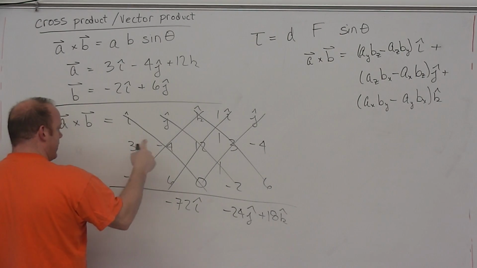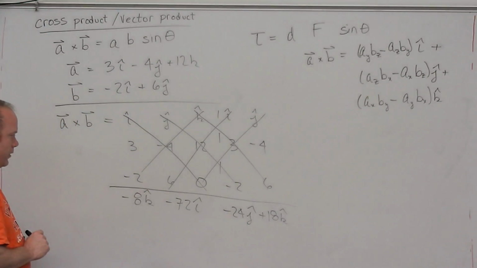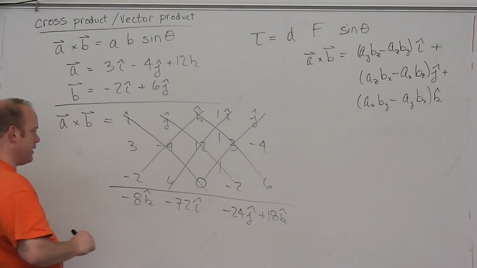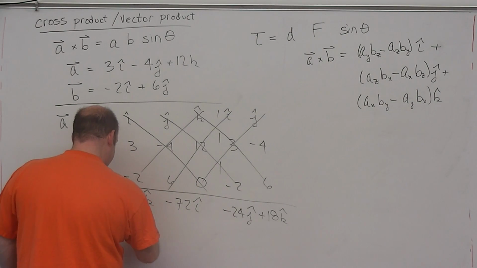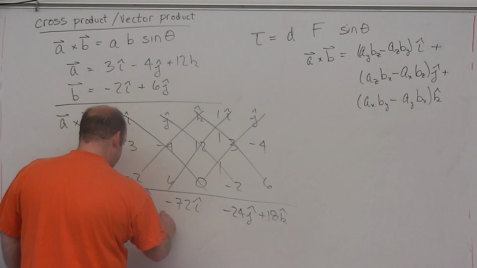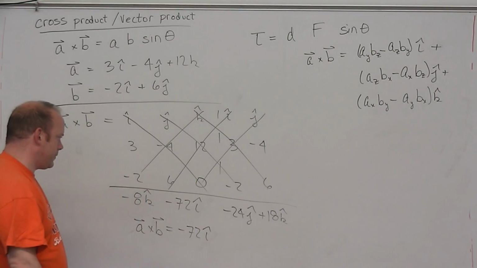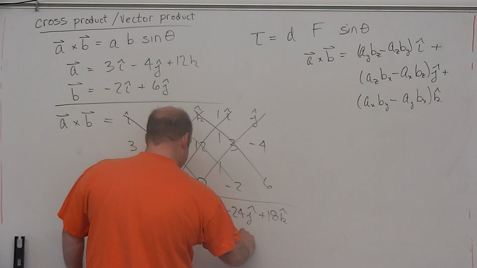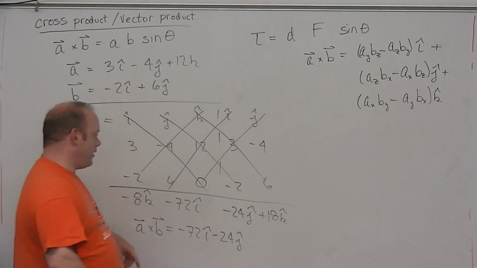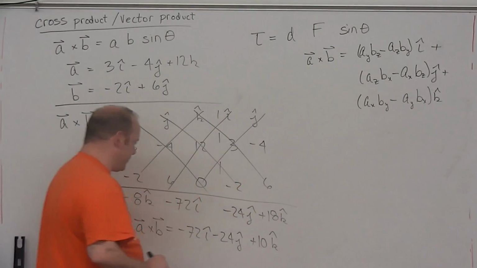Negative times a negative again, so that's negative 8 k hat. So when I put this together, A cross B is equal to negative 72 I hat minus 24 j hat plus 10 k hat.